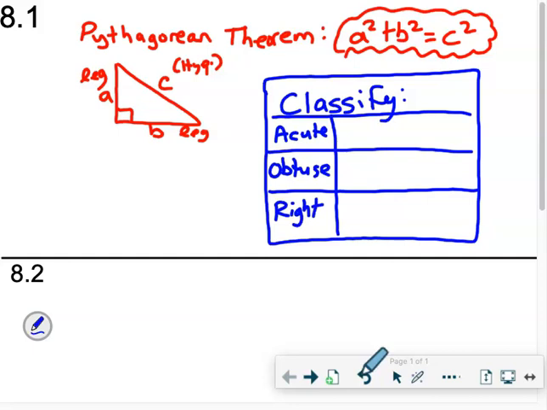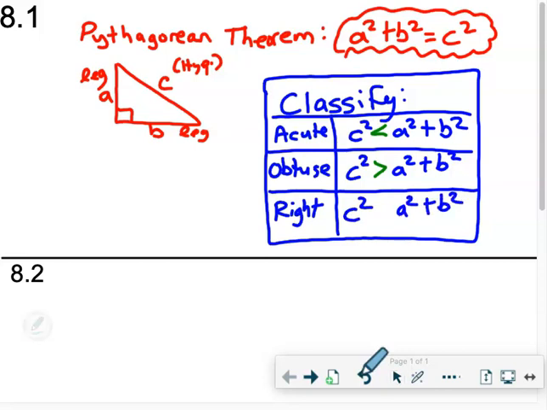With that, we're always looking at how c squared compares to a squared and b squared. Acute was when c squared was less than. If the hypotenuse squared is smaller than the two legs squared added up, it was an acute triangle. If the hypotenuse squared is bigger than the legs squared, so greater than, that made it obtuse. And if it was equal, that made it a right triangle.